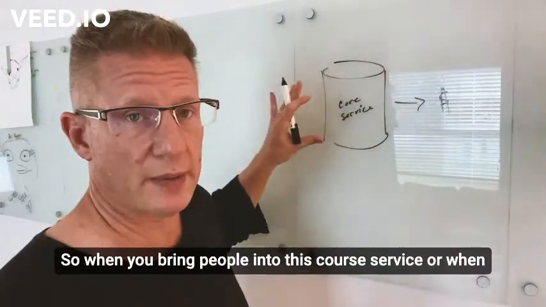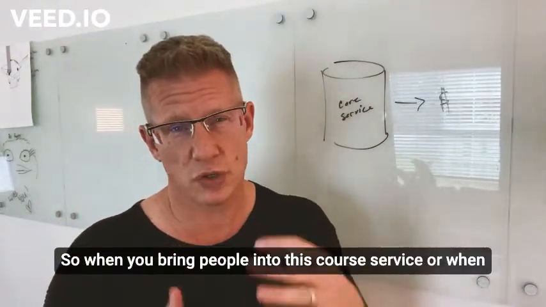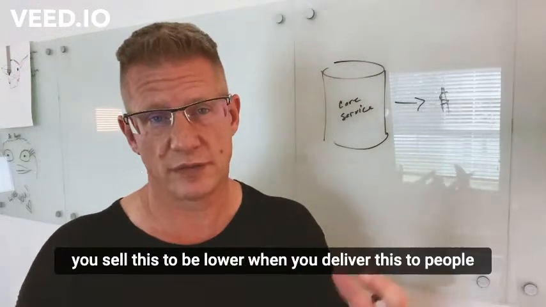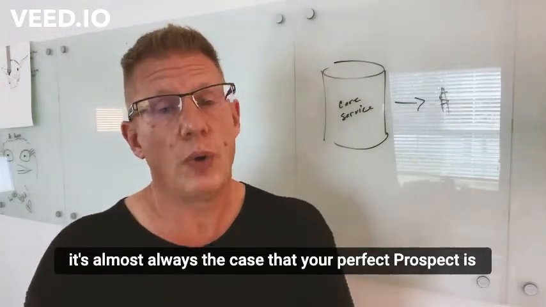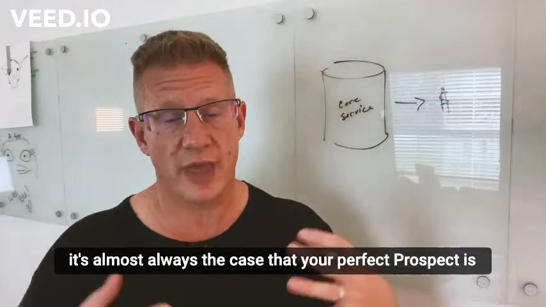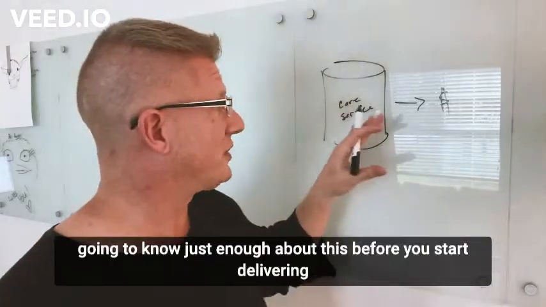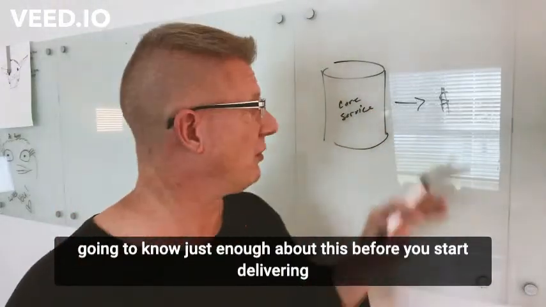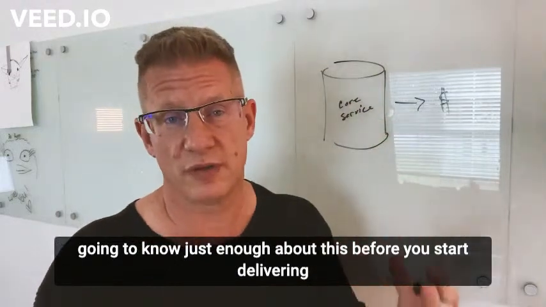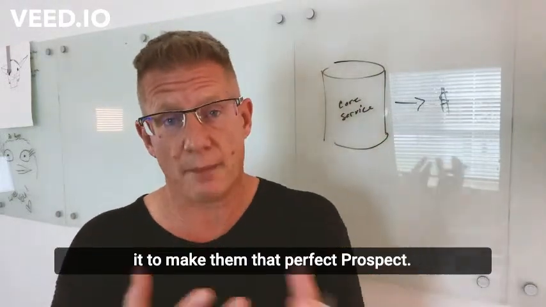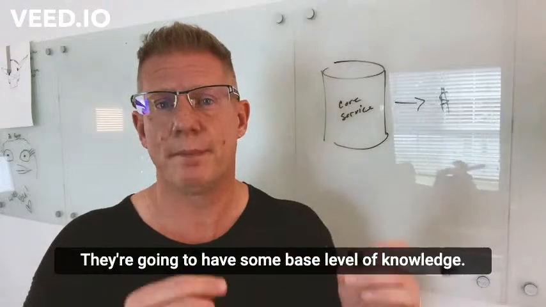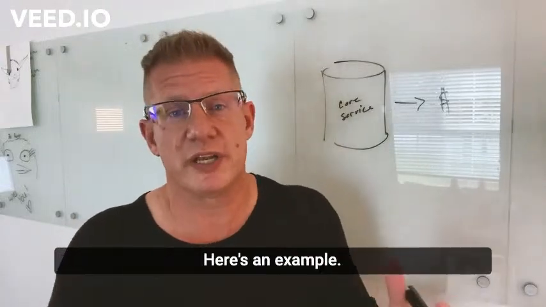So when you bring people into this core service, or when you sell this to people, or when you deliver this to people, it's almost always the case that your perfect prospect is going to know just enough about this before you start delivering it to make them that perfect prospect. They're going to have some base level of knowledge. Here's an example.